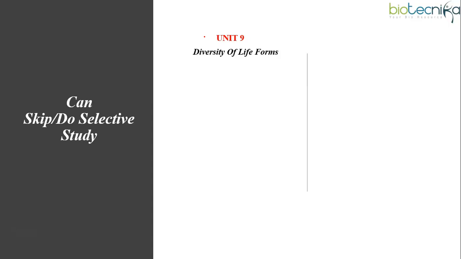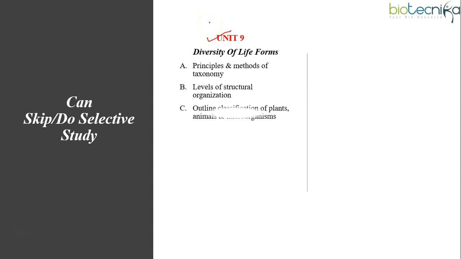So usually around 2 to 3 questions in part B and 3 to 4 questions in part C are asked from this unit. And this unit covers taxonomic units and plants, animals and microorganisms classifications.